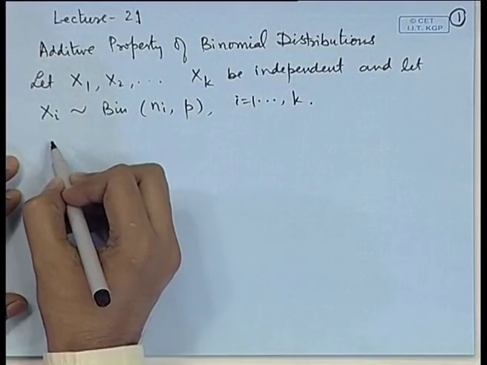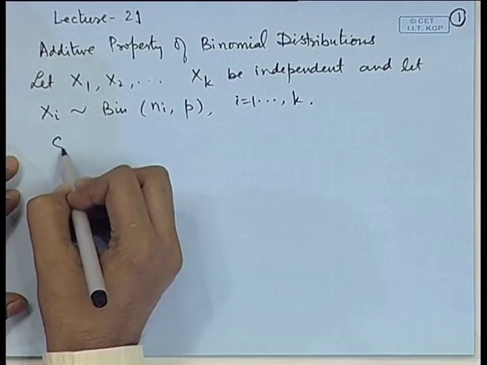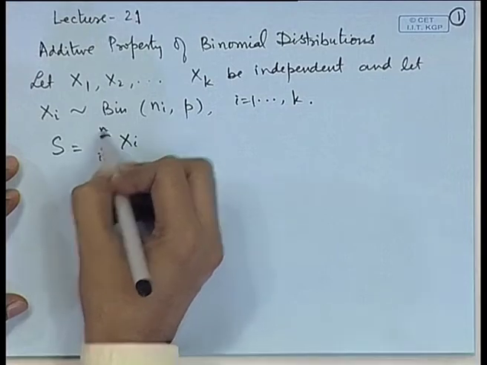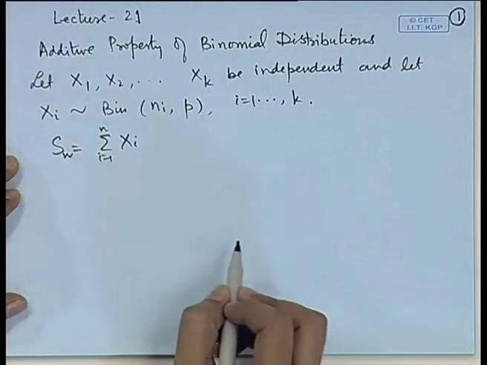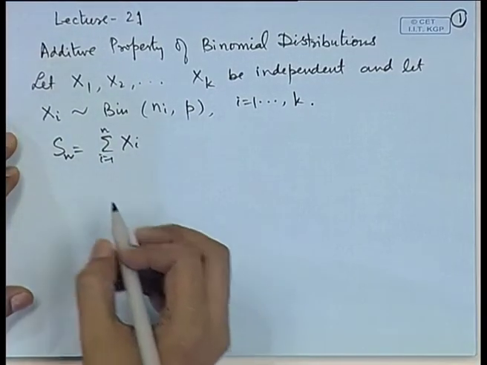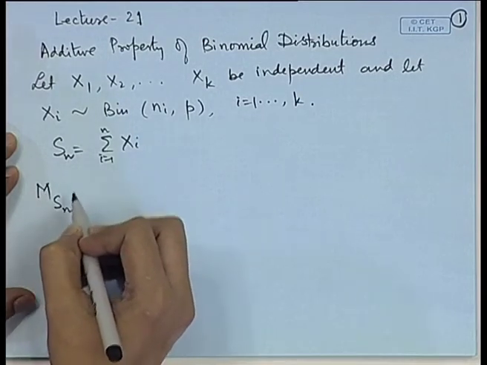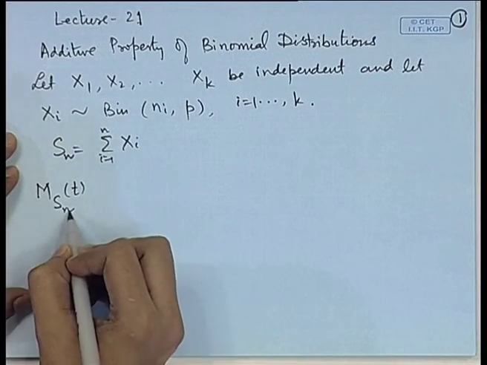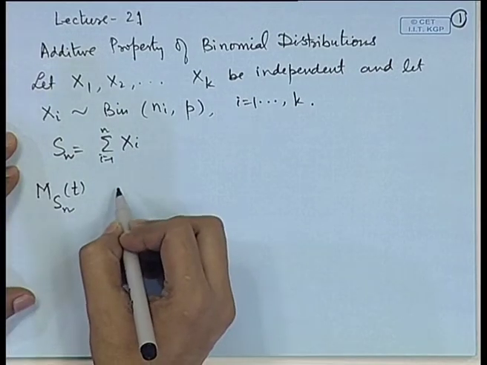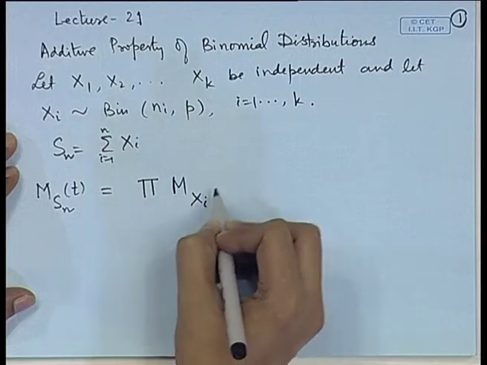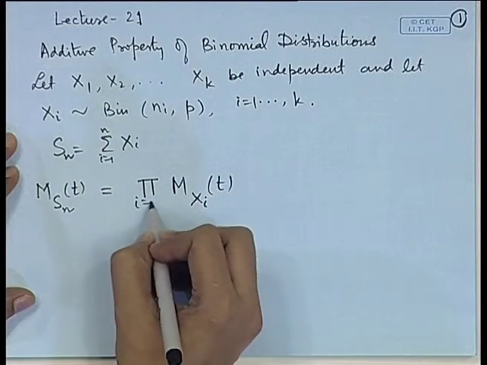I am interested in the distribution of S, that is the sum of the Xi, or rather we can call it Sn. If we use the MGF here, the MGF of the sum is equal to the product of the MGFs of the Xi.